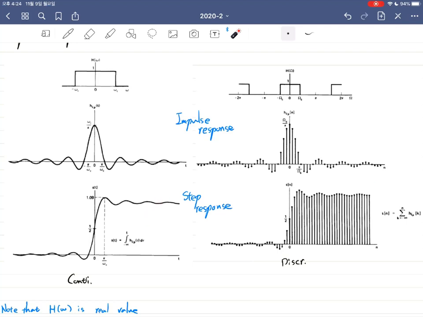Let's say it's a control system that we want to build, and the control system should follow the reference or the command of the signal in a good way, in a stable way. However, this kind of oscillation, which can also be called overshoot, is very bad for the system.